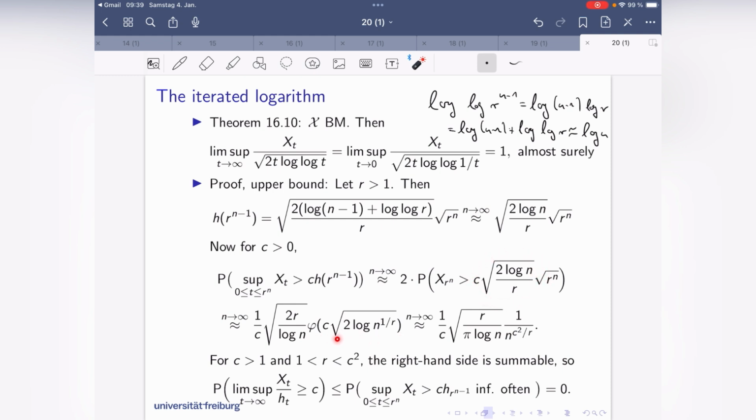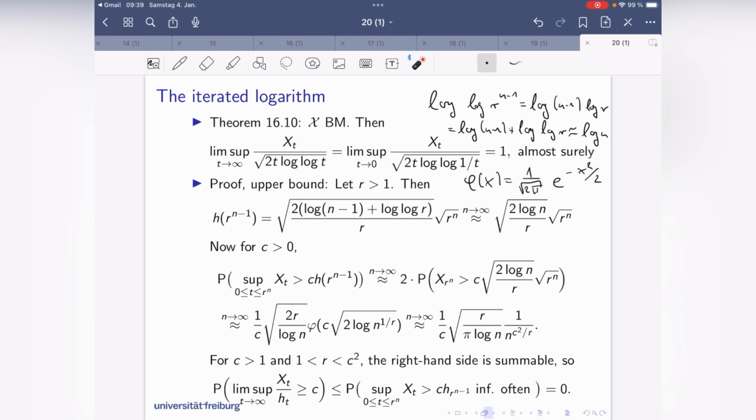So this is this. But remember, let me write that here, phi of x equals 1 over square root of 2 pi times e to the minus x squared over 2. And if x is large, well, I can also bound this. I have 1 over square root of 2 pi. So the 2 goes away and I have a pi in the denominator.